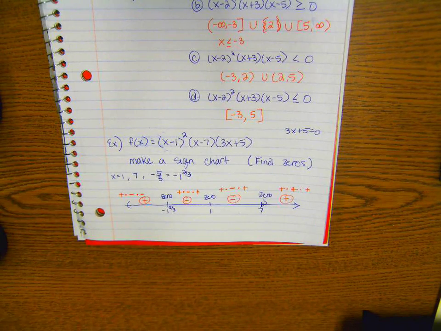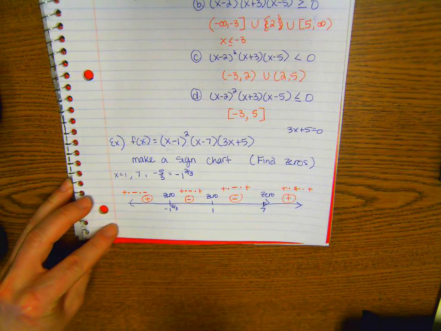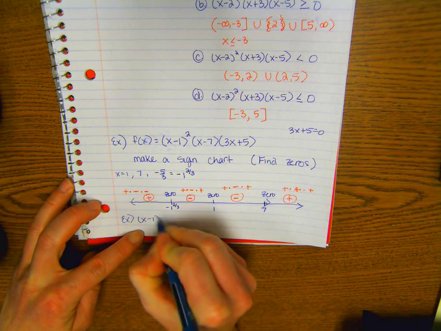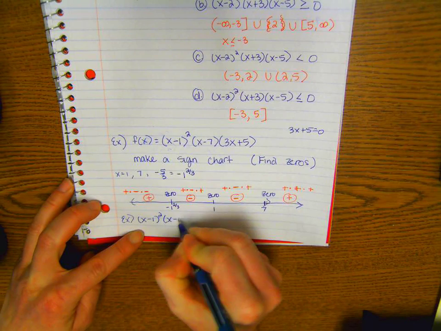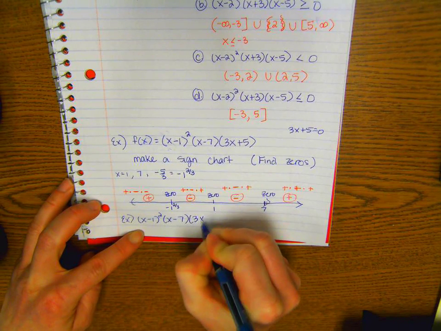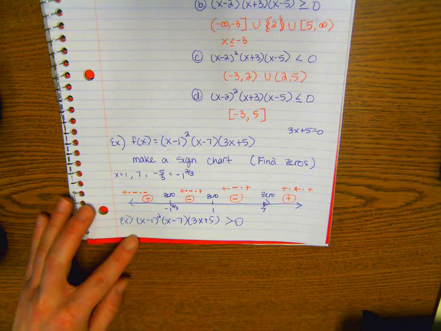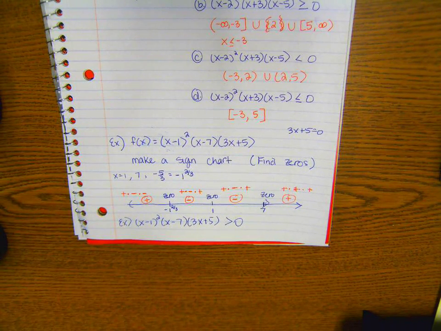So even though I don't have a sketch of the graph, I can then answer any kind of question. So if I then went one step further and said, hey, when is x minus 1 squared times x minus 7 times 3x plus 5 greater than 0? Let's look at the sign chart and we're going to give our intervals.